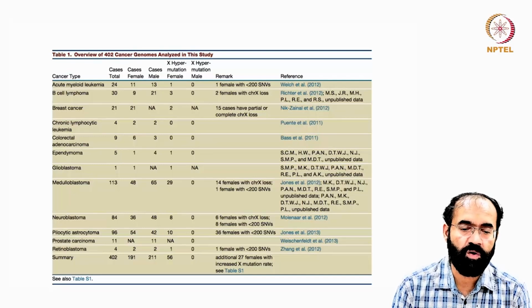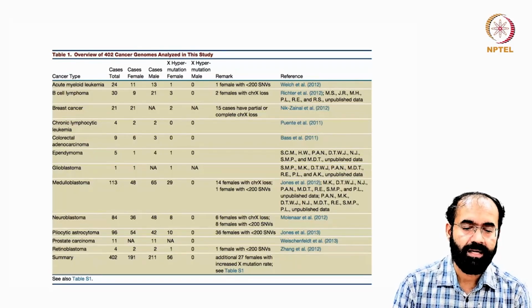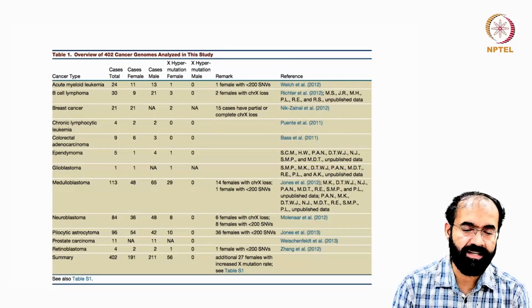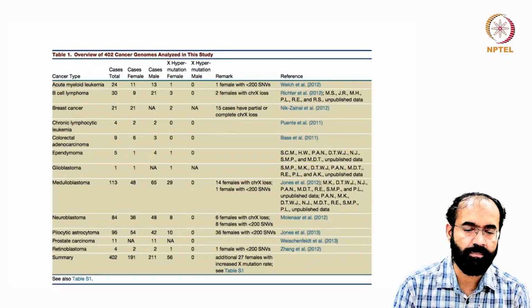So it's an overview of 402 cancer genomes analyzed for this study in that Cell paper. You can see, I will not go through each and every cancer, that is acute myeloid leukemia, B-cell lymphoma, breast cancer, and so on.